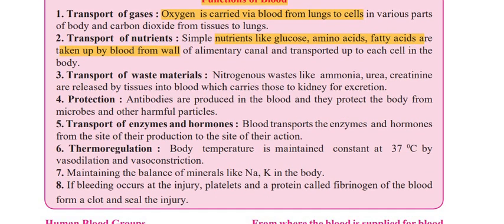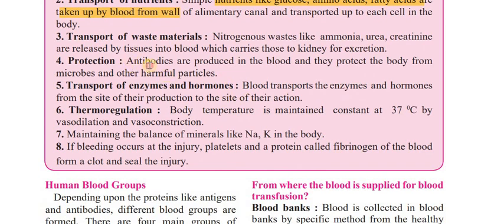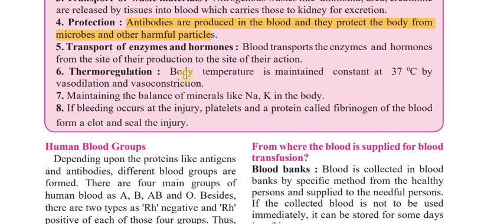Next one, antibodies, that is the immune system, are produced in blood and they destroy microbes and viruses, etc. And fourth one, you can take here, body temperature is maintained constant at 37 degrees Celsius. It's one function of blood.